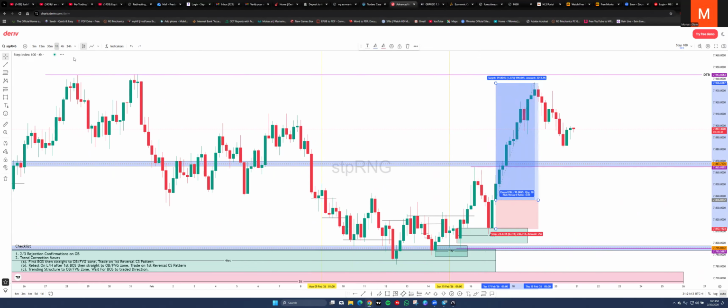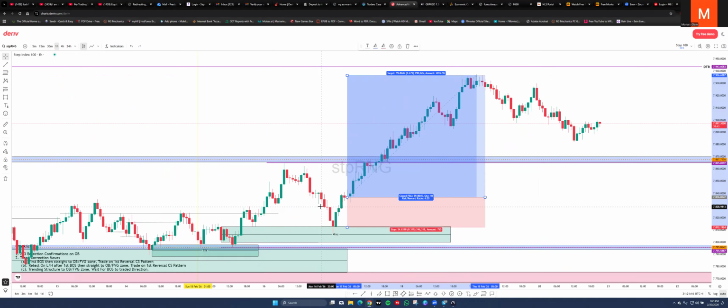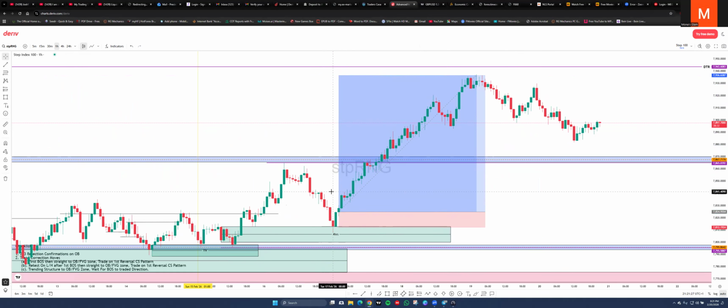But on 1 hour, if you had an earlier entry, the earlier entry will be here, which is 1 is to 8, right? Yeah, this is 1 is to 8.